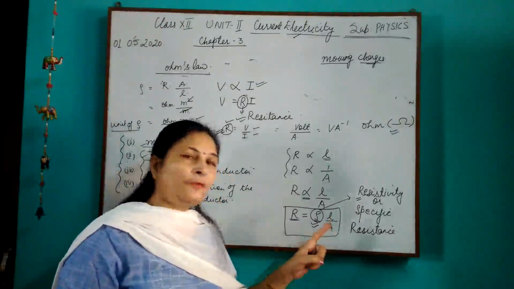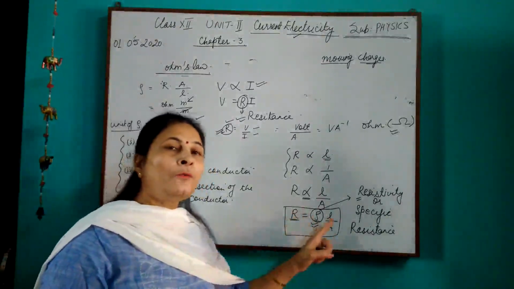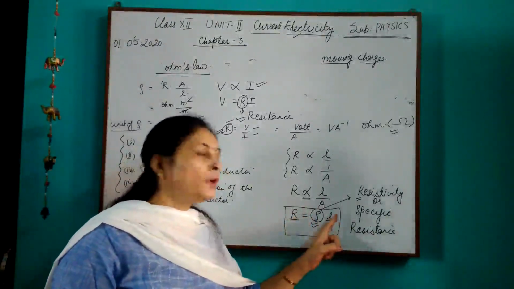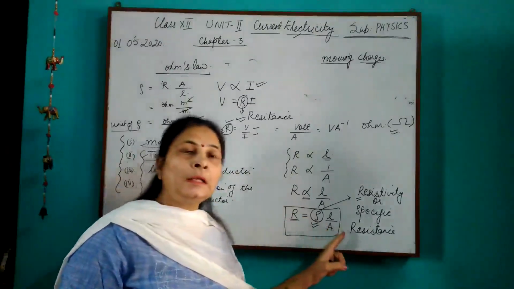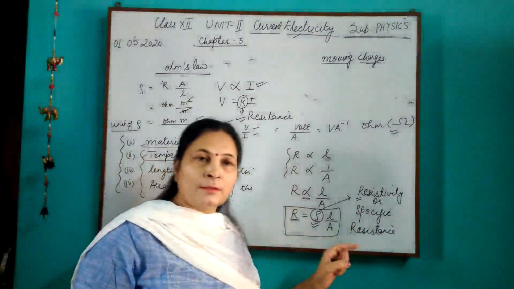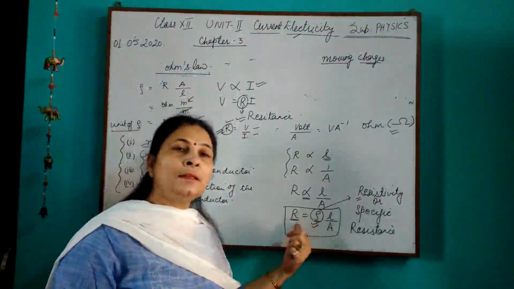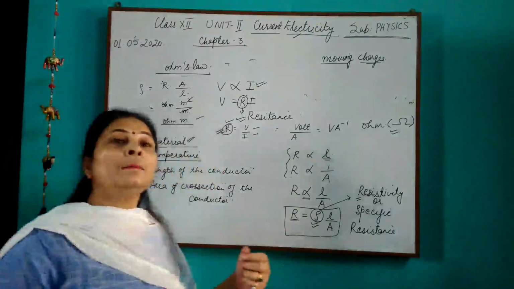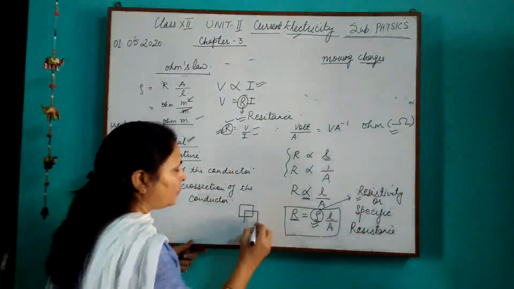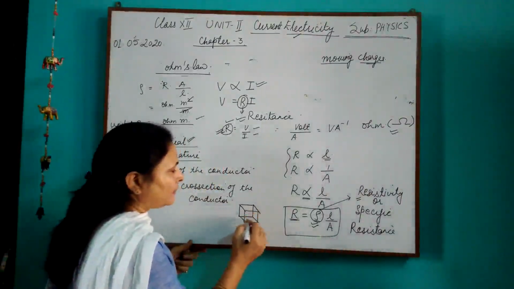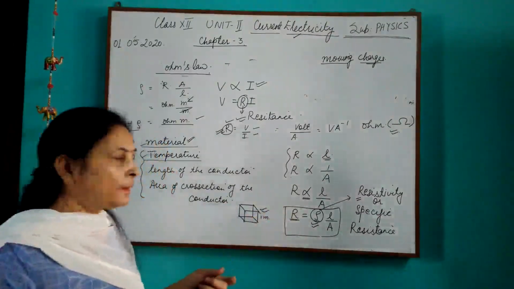Or you can define it as resistivity is the resistance offered by a conductor of unit length and unit area of cross section. Or in some books you will get resistivity is the resistance offered by a material of cube of side 1 meter or unit length. So that is also giving you the same value.